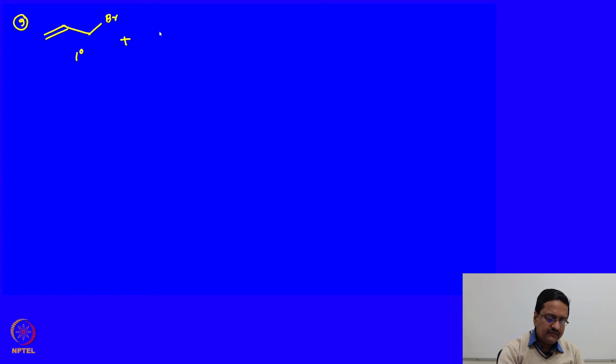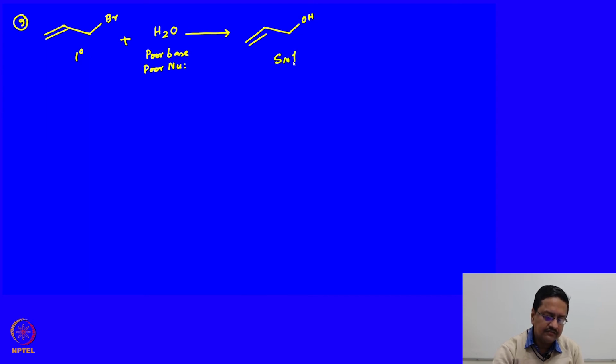And what happens when we use water as a nucleophile? It is a poor base and a poor nucleophile as well. So, in this case, only SN1 reaction is possible, and you would get this product by SN1 mechanism.